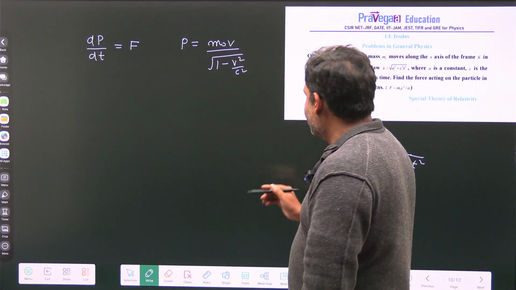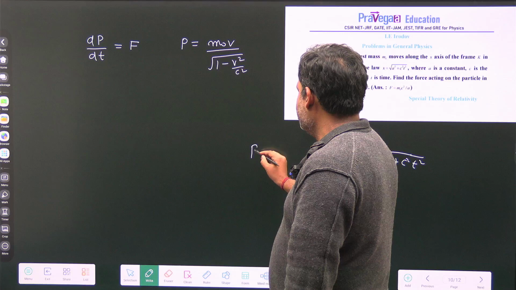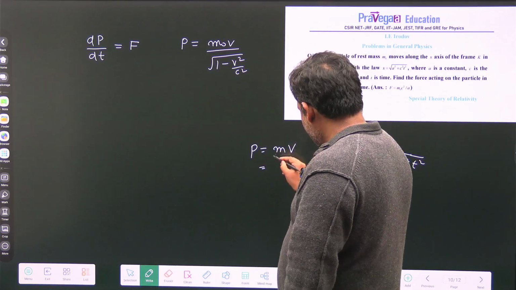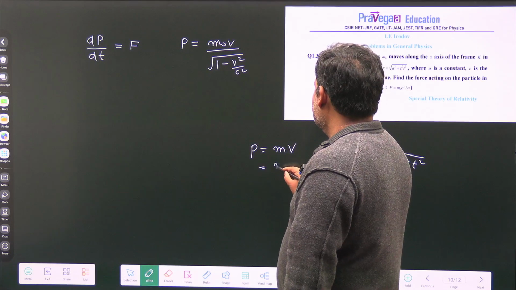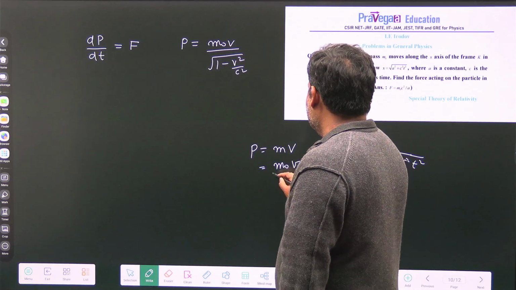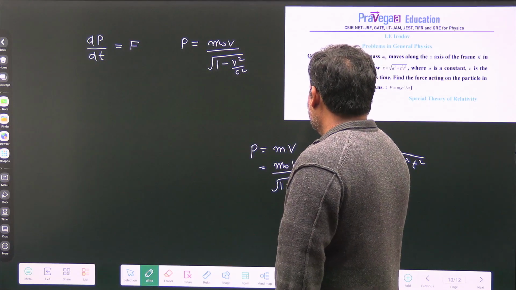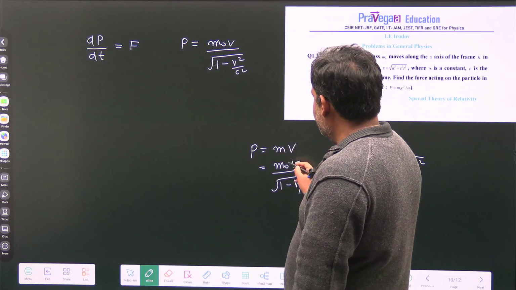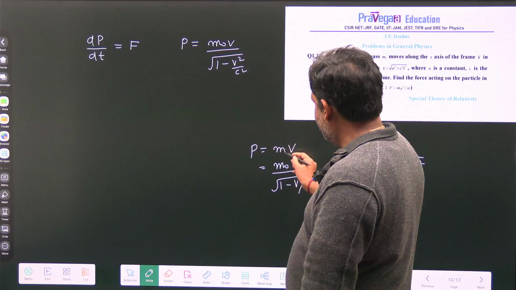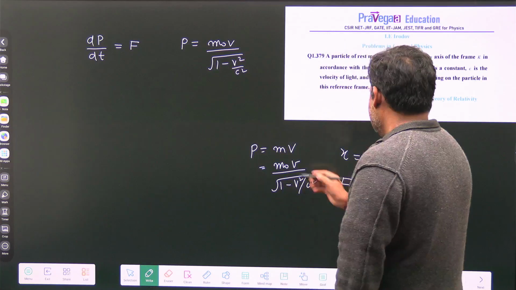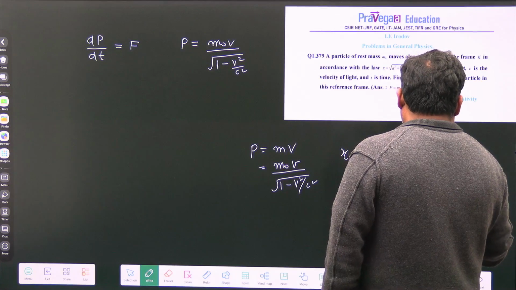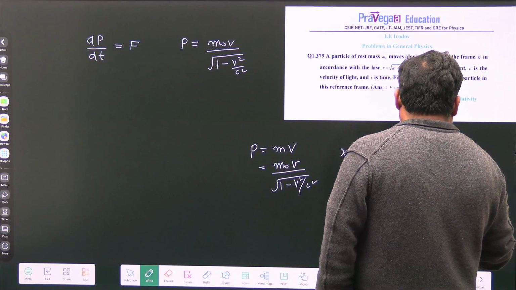For the relativistic momentum, P is defined as m v, and this m must be the relativistic mass. So that value is equal to m naught v upon root under 1 minus v square upon c square, because the relationship between relativistic mass and rest mass is m equal to m naught upon root under 1 minus v square upon c square.